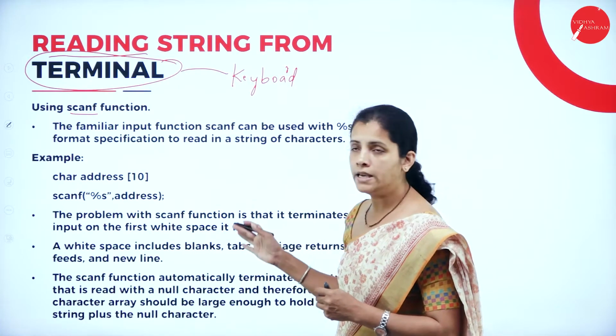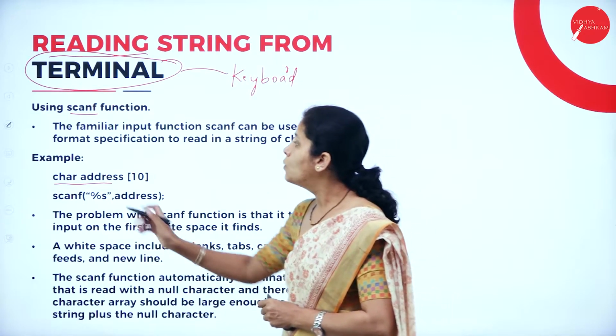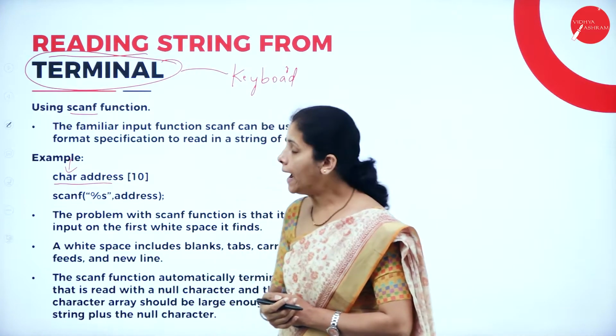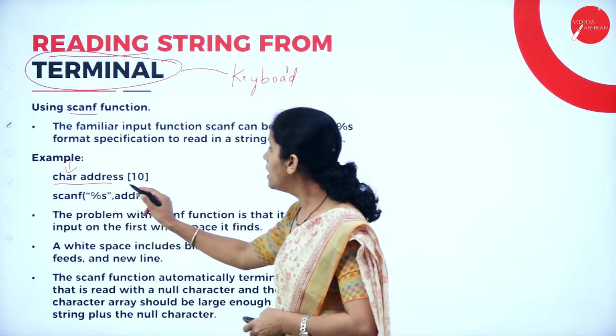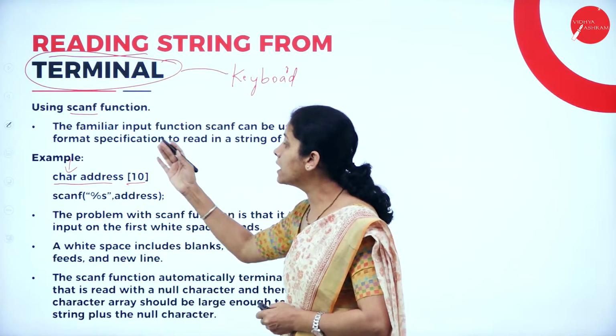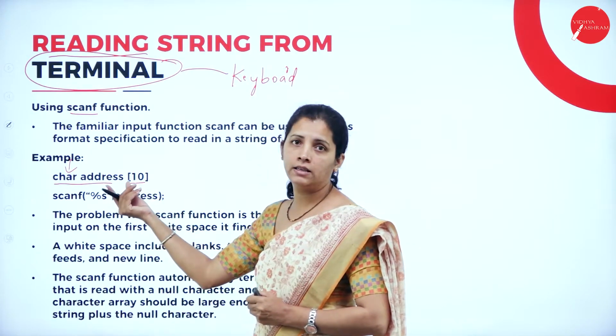Now, see here, I'm going to have an example. What is the data type? It is character, and the address is nothing but my string name, and it is capable of holding 10 characters. So here I have a group of characters, right?